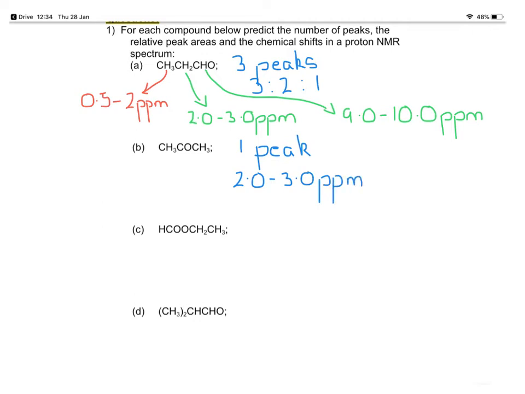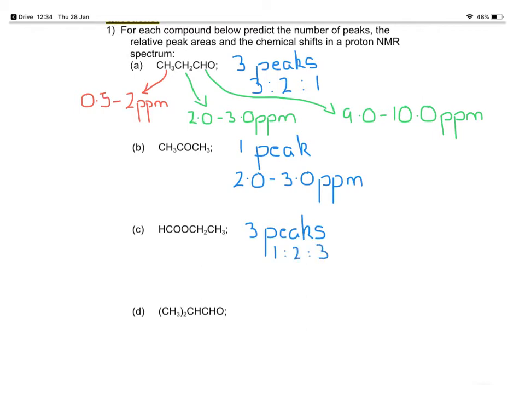Now moving on down to the next molecule then, and again if you're struggling to pick out equivalent hydrogens, it's a good idea to draw out the structure. Now I can clearly see that there are 3 groups of equivalent hydrogens. I'm expecting in this molecule 3 peaks. The area will be in the ratio 1 to 2 to 3.